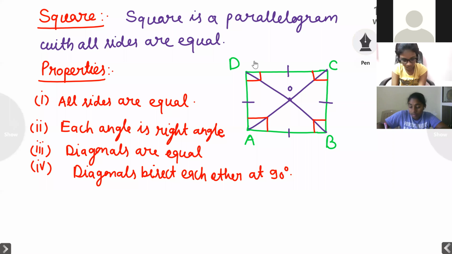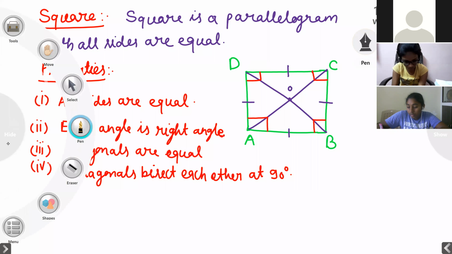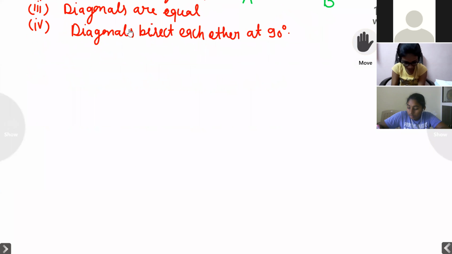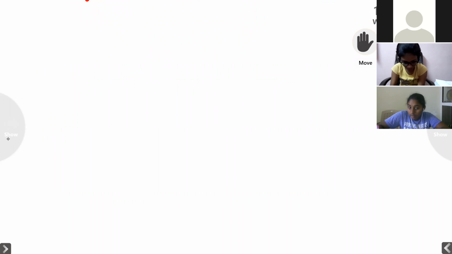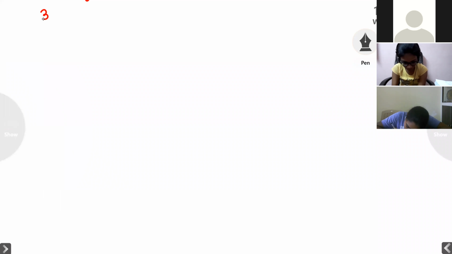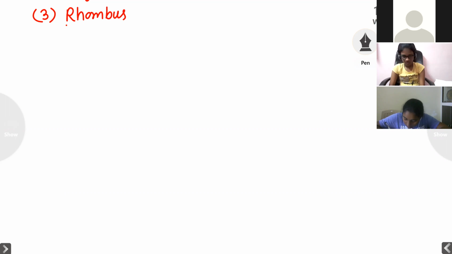Last one is the rhombus. Rhombus is also a child of, yes, parallelograms. Note down.